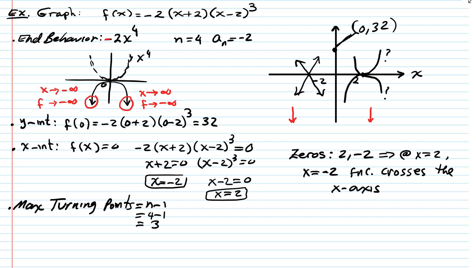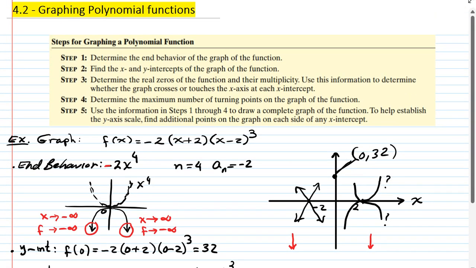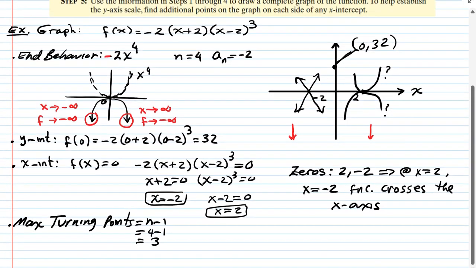We'll keep that in mind. And what is step 5? Step 5 says use information 1 through 4 to draw a complete graph of the function to help establish the y-axis scale. Find additional points on the graph on each side of the x-intercepts. Okay, perfect. Now let me show you how I'm going to do this with as few points as possible.